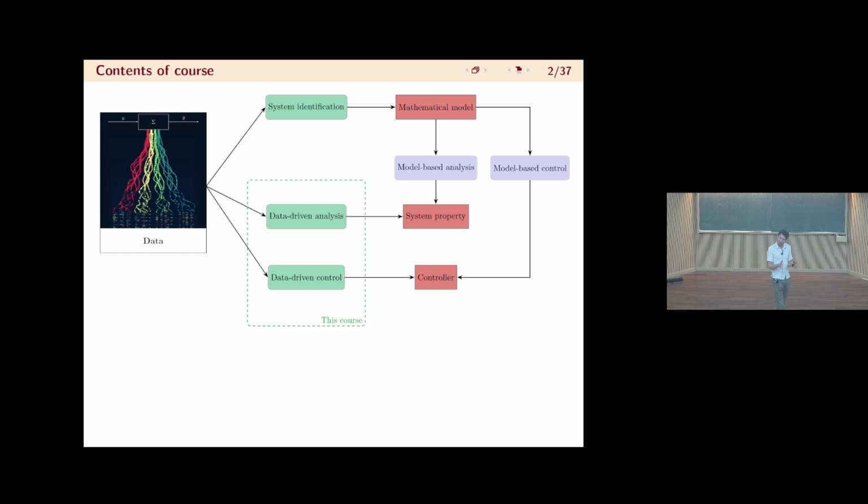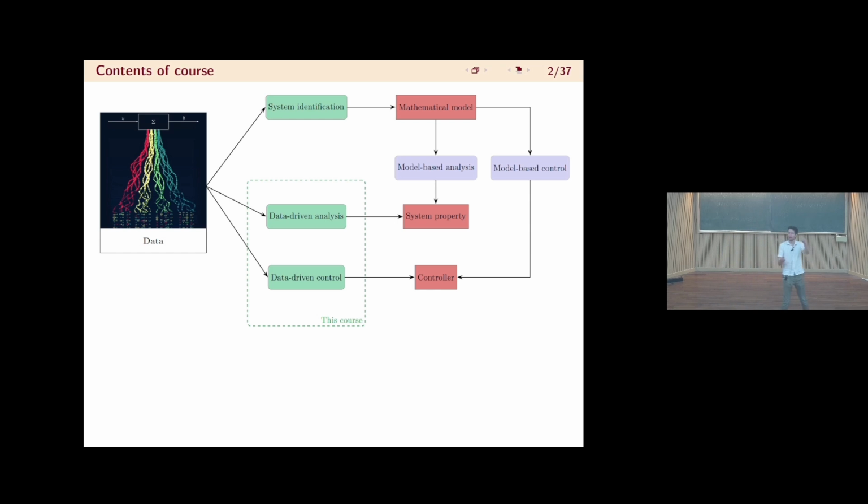So one approach of doing this whole pipeline, for a physical system to obtain a controller, would be to first collect data from the physical system, use system identification to create a mathematical model, and then use that mathematical model, using model-based control design, to finally obtain a controller.